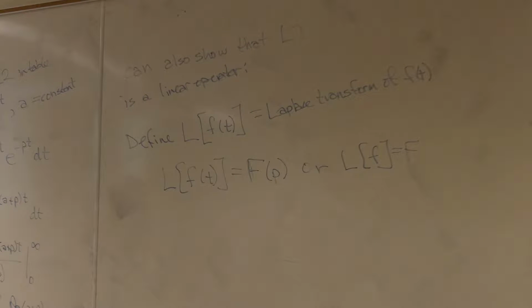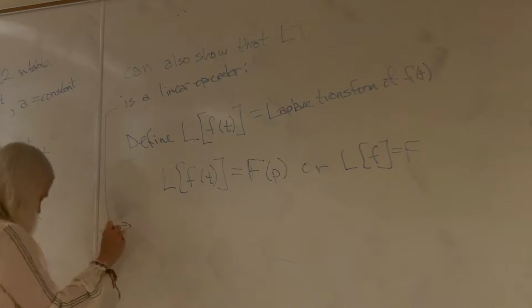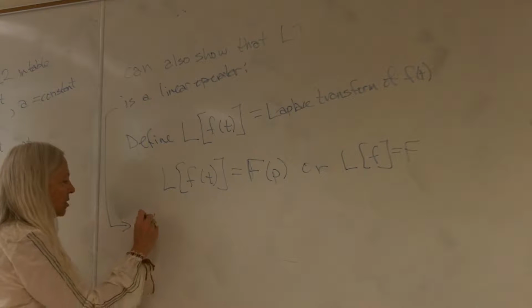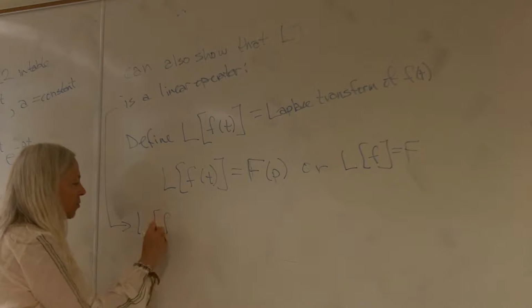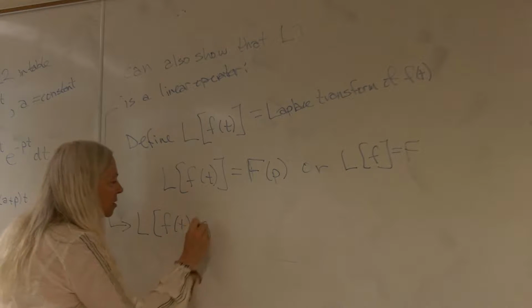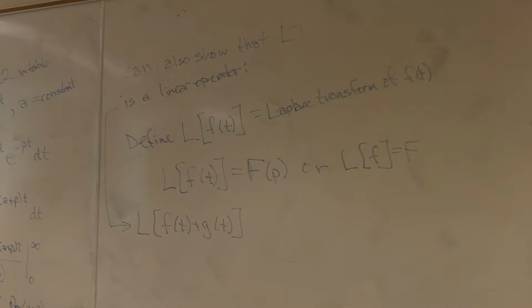So anyway, what do I mean by being a linear operator? I mean that, first of all, the Laplace transform of the sum of two functions. Let's say we have f of t plus g of t. We want the Laplace transform of the sum.